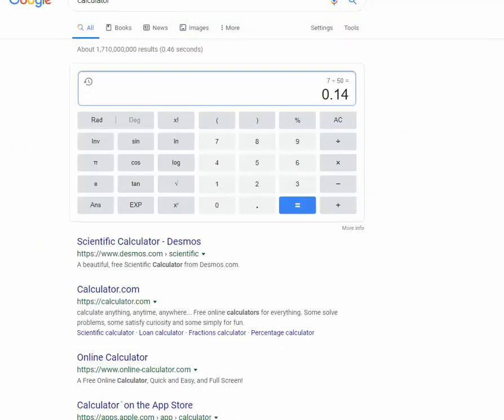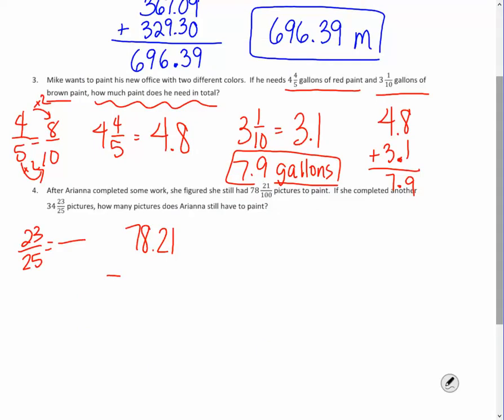There we go. All right, 23 divided by 25 equals 92 hundredths. So, in case you don't believe me, 92 hundredths we said. Okay, so that was through the division method. 23 out of 25 equals 92 hundredths, like that.